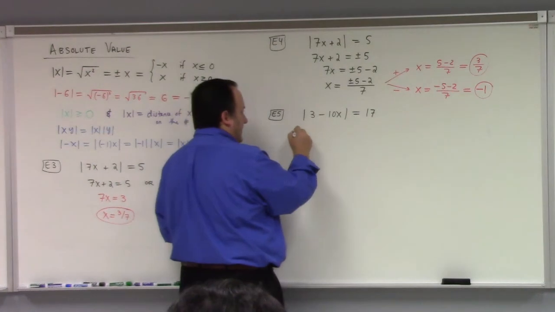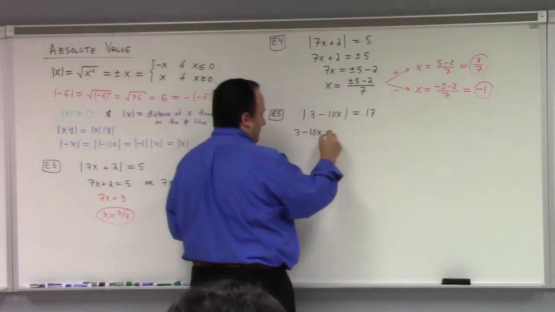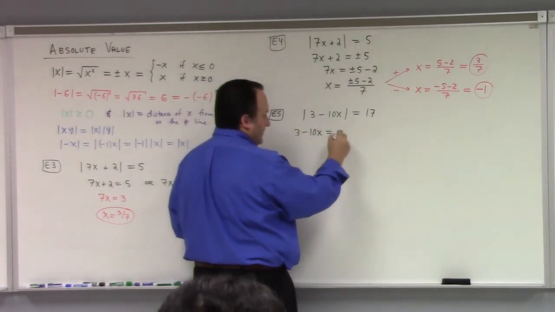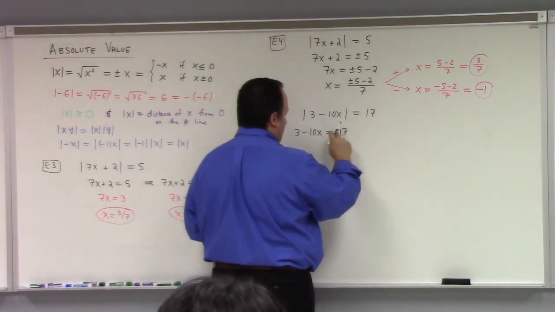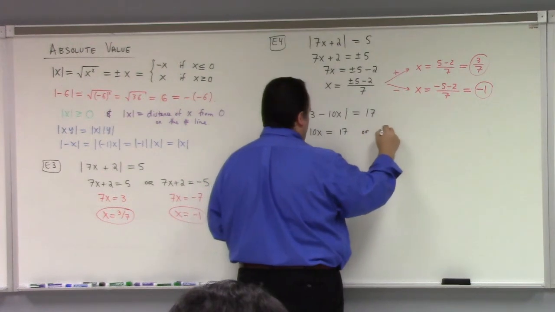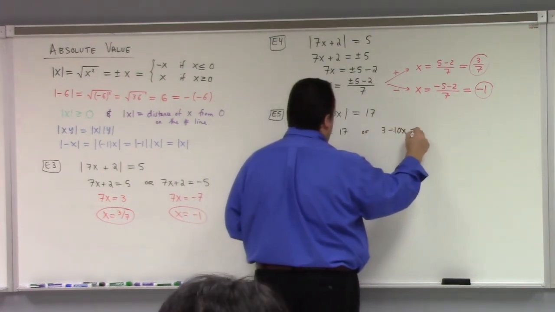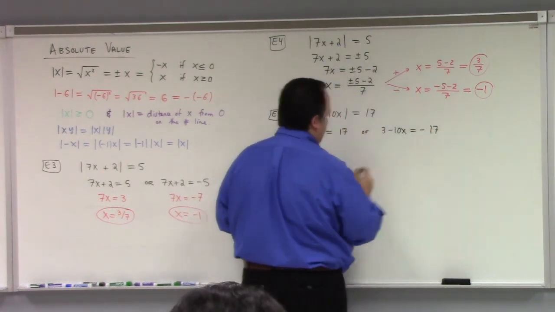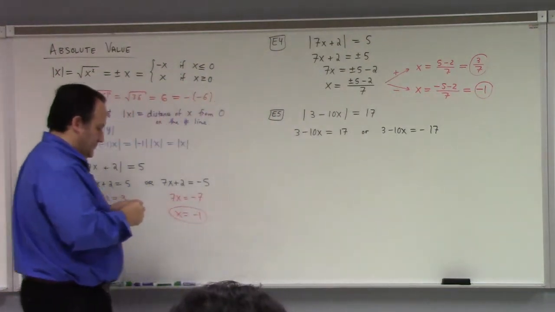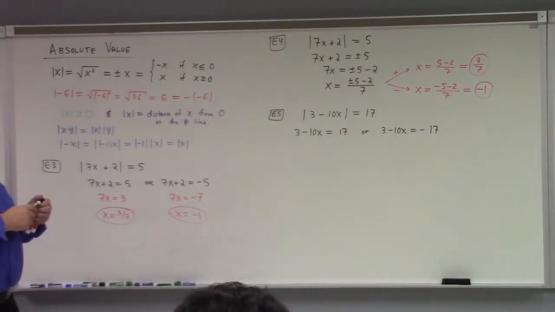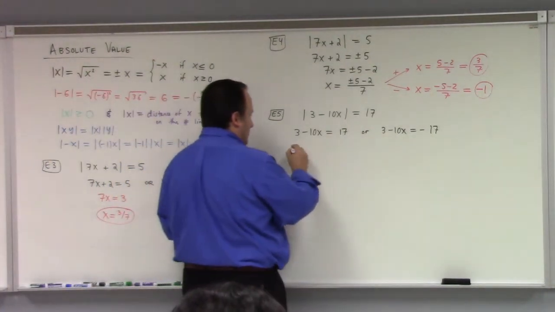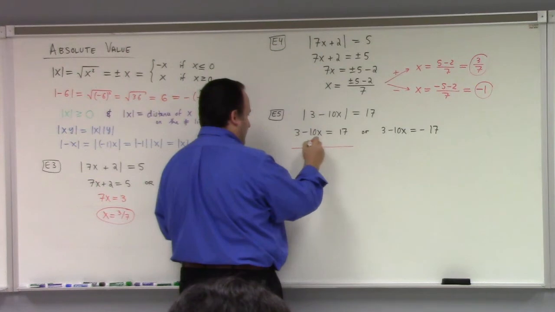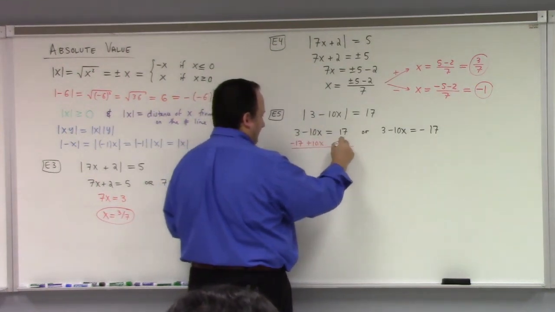So here we go. 3 minus 10x equal to 17, or 3 minus 10x equal to minus 17. All right, I'm going to write down my steps this time. I'm going to subtract 17 and add 10x to both sides.